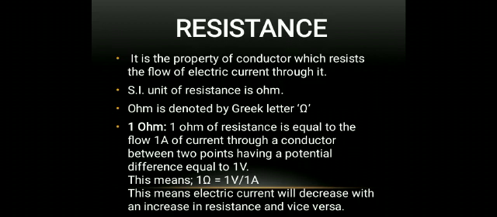So let's understand now what is resistance. Resistance is the property of the conductor which resists the flow of electric current through it. The SI unit of resistance is ohm, denoted by the Greek letter omega, and 1 ohm is defined as the resistance when 1 ampere of current is flowing through a conductor having a potential difference of 1 volt.